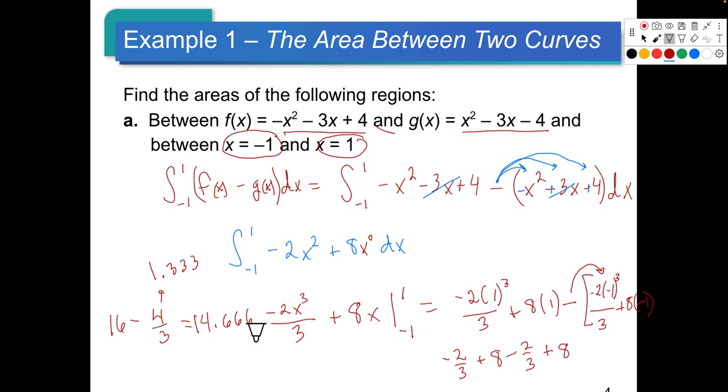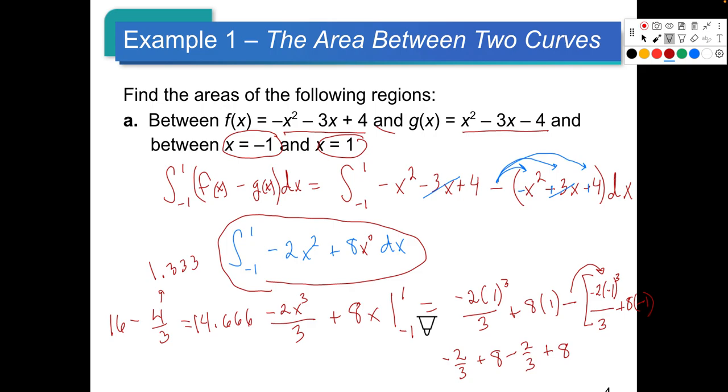What we ended up being left with was pretty simple, right? We just plugged it in and we went. So we could do it without the graph as long as we had faith that f of x was always going to be on top and g of x would always be on the bottom. Just subtract the two, combine like terms, and then integrate like we've been doing. Again, we'll get more practice with it.